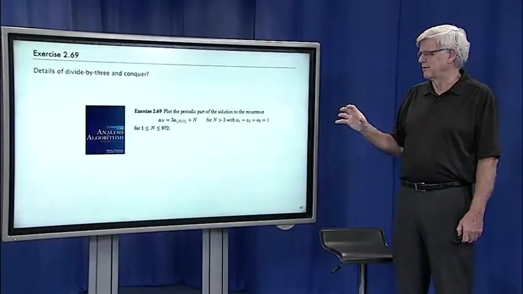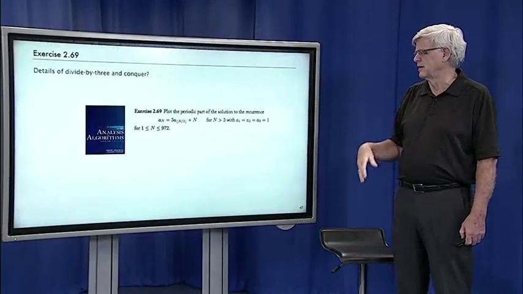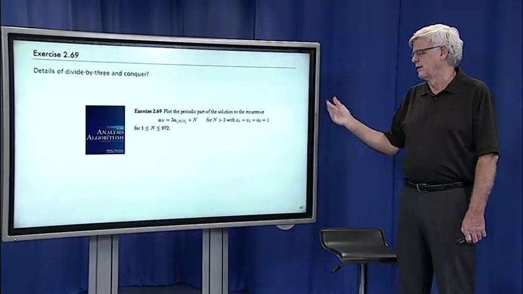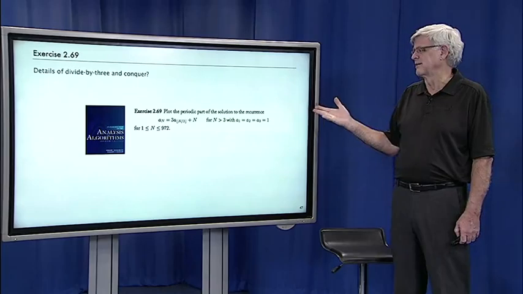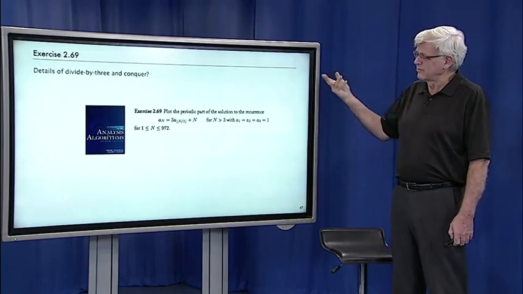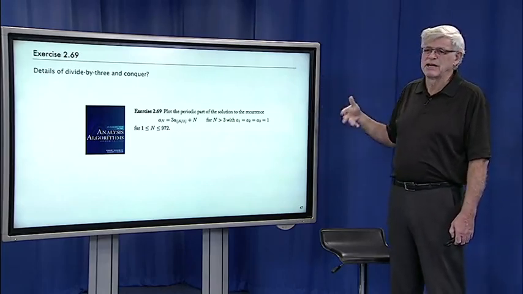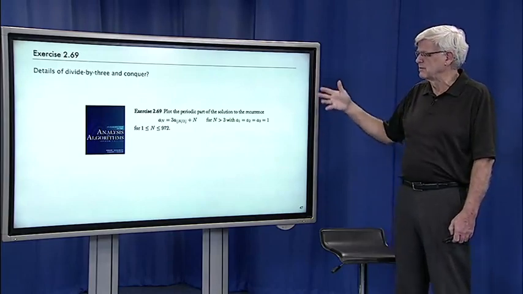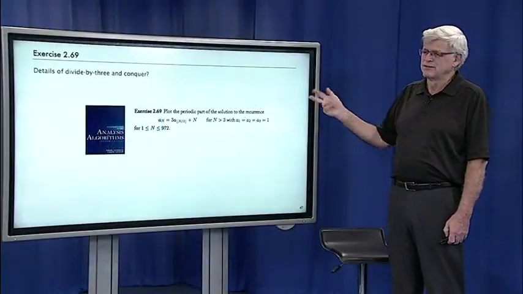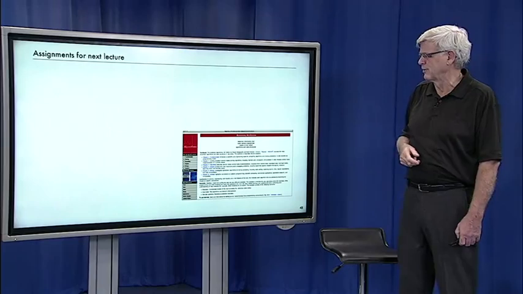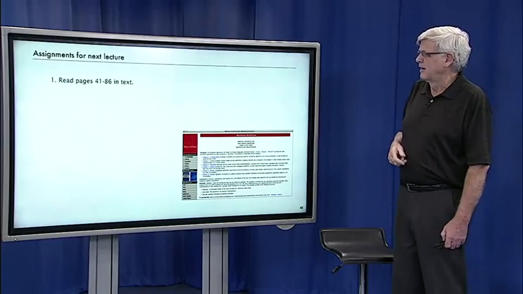So maybe merge sort by dividing into 3 parts and then doing a 3-way merge. What does the periodicity in that look like? Using the same methodology I used for divide by 2, do this one and try to discover the interesting performance behavior, and think about how we might compare 2 algorithms like that.